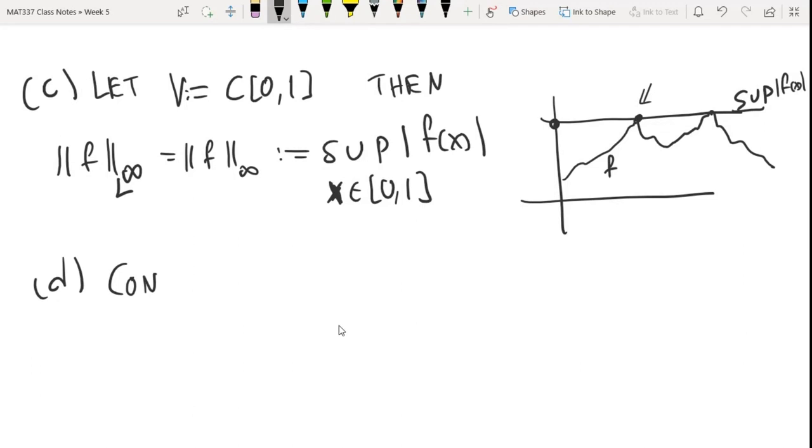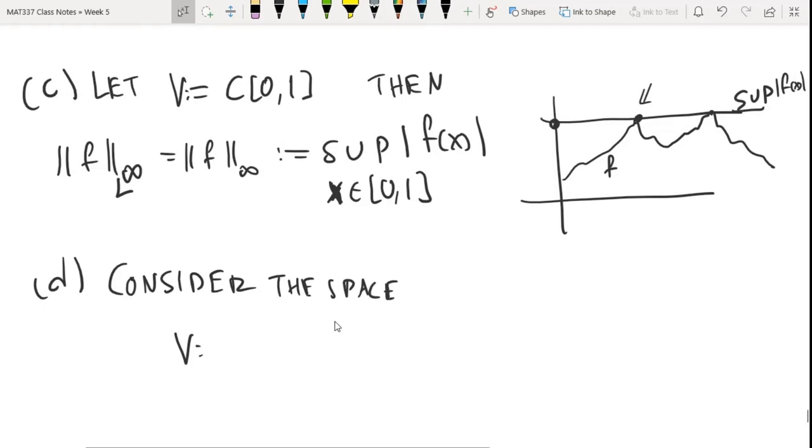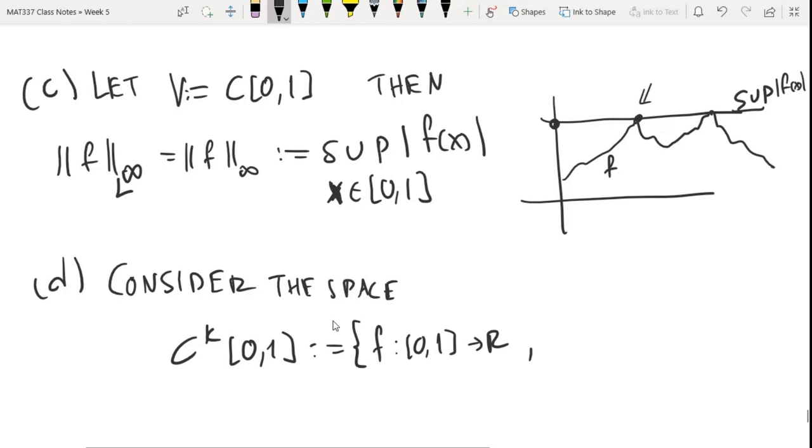Consider the space C^k of 0, 1. Okay, what are these guys? So this is again 0, 1. And so this guy is continuous.